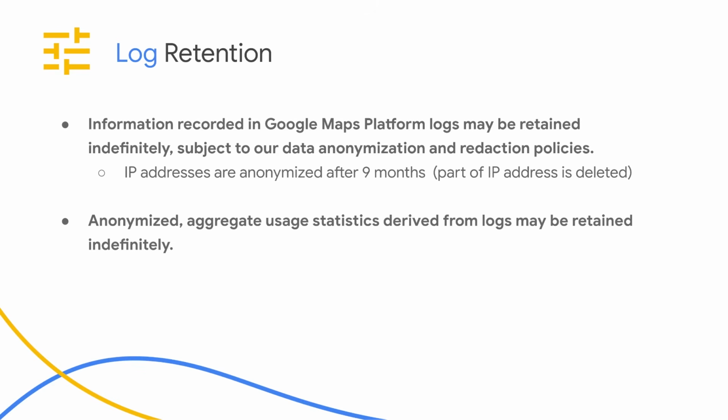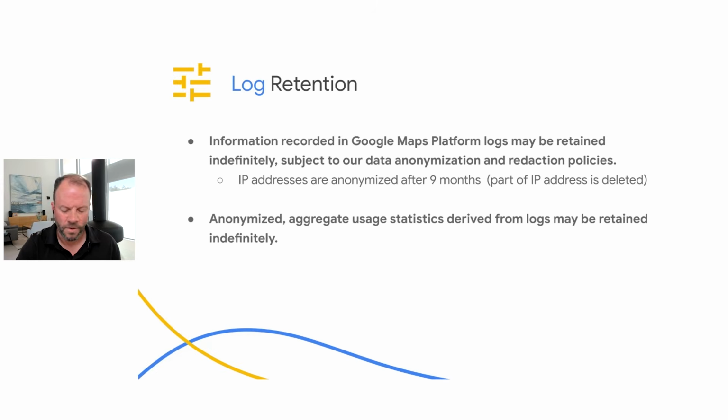When we think about how we're only using the data to improve our products, provide security, etc., that data is actually not very useful for very long. So for log retention, we retain those logs, and then after 9 months, we go through and do an anonymization. We remove portions of the logged IP address, because typically after 9 months, this is when any billing questions might be done.